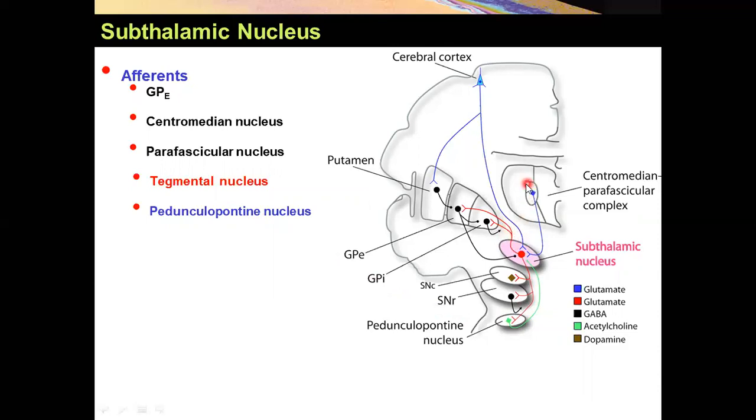Here is the centromedian and the parafascicular nucleus, and also the pedunculopontine nucleus.